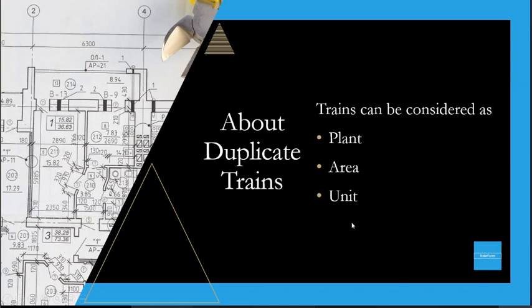Within a plot plan, you can see two entities that are identical or similar, where we can use the MDR or MDT from Smart 3D, and those can be considered as trains.